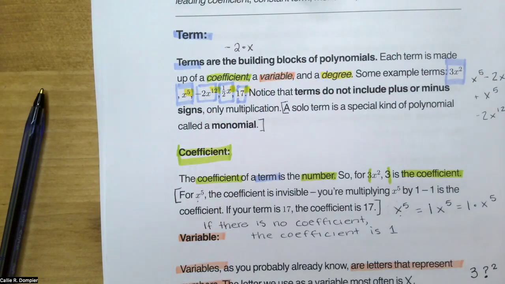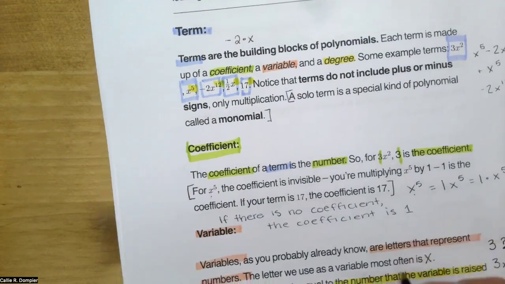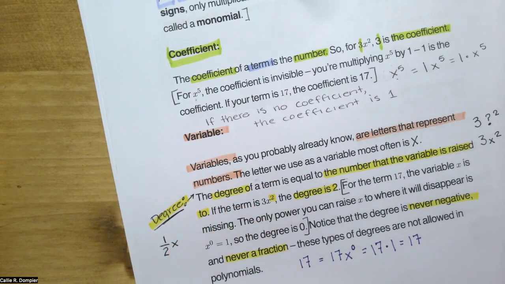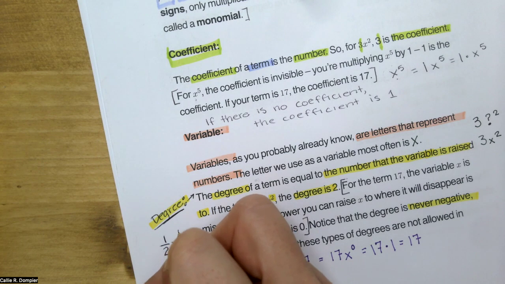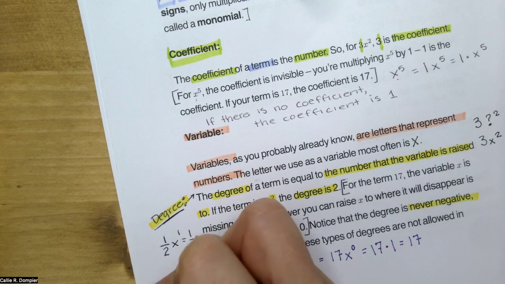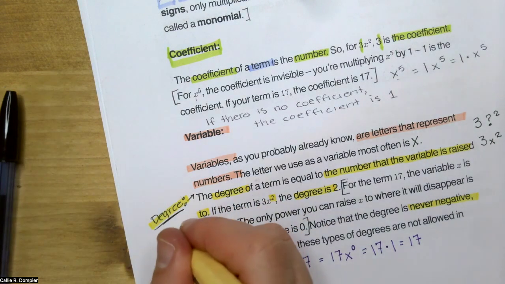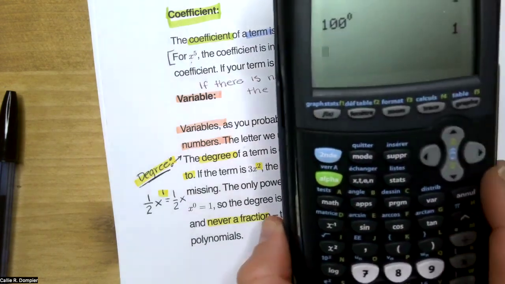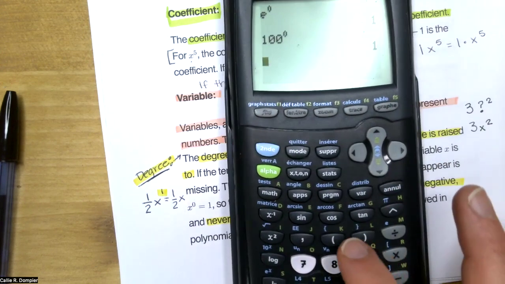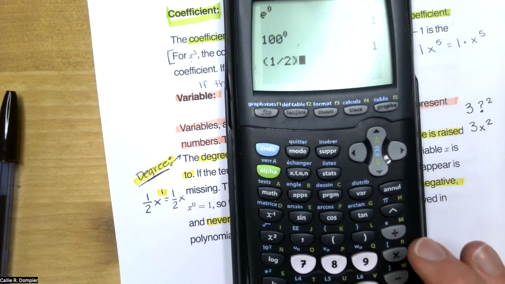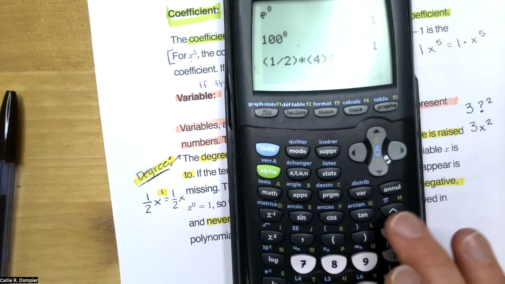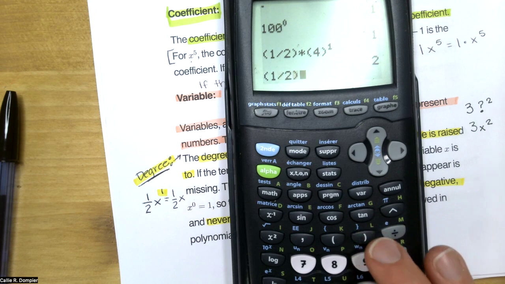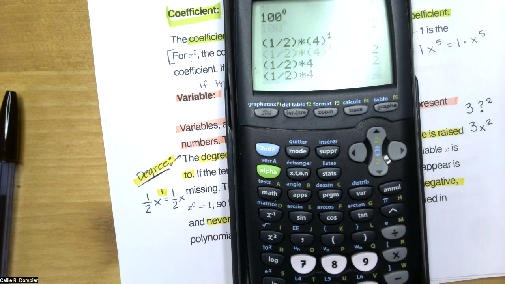That's the degree. For 1/2 x, the degree is 1. One half times x to the power of 1 is the same as 1/2 times x, right? Like if we had 1/2 times 4 to the power of 1, we're going to get the same answer as if we had 1/2 times 4.